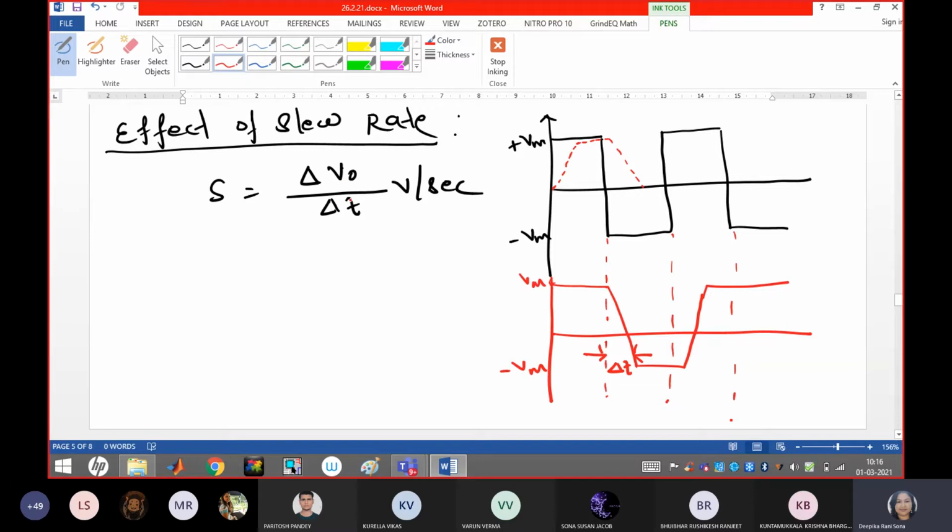So here we learn that a higher value of slew rate gives better performance of the op-amp, and we can represent S as 2 pi f Vm volt per second. It means slew rate in terms of frequency.